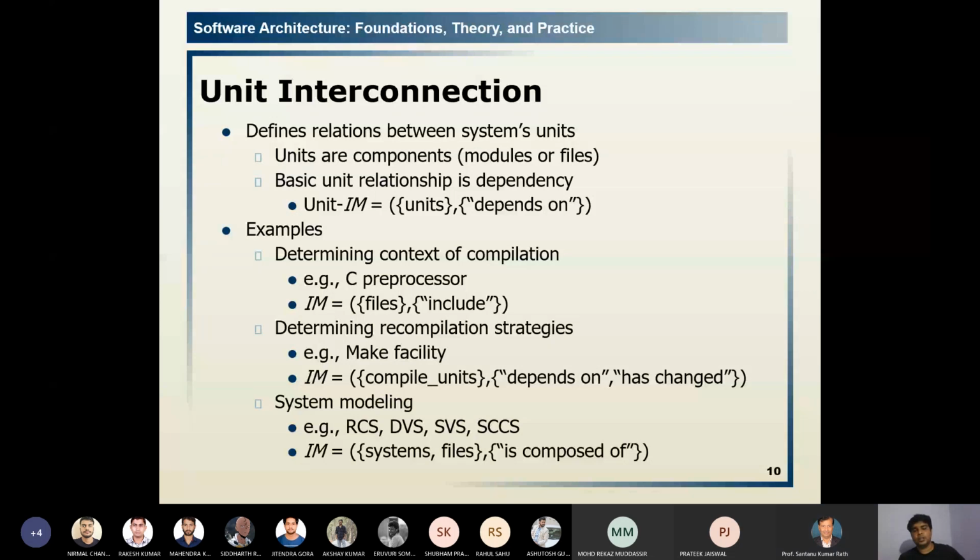Then system modeling, it is some RCS, DPS, SPS, and SSCS. These are some models. You can check their full forms. For this modeling in the interconnection model, we need the system's file, and then we have to write what each is composed of.